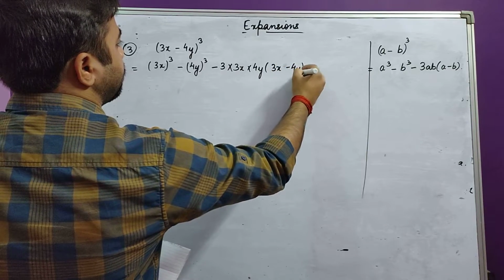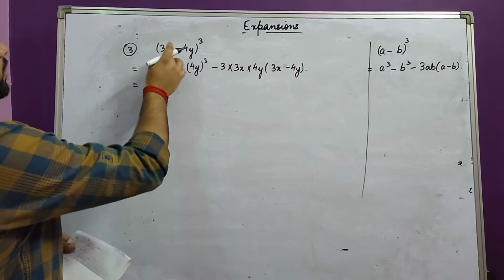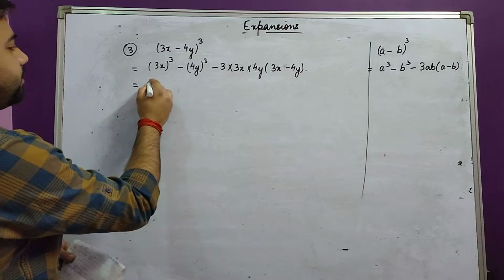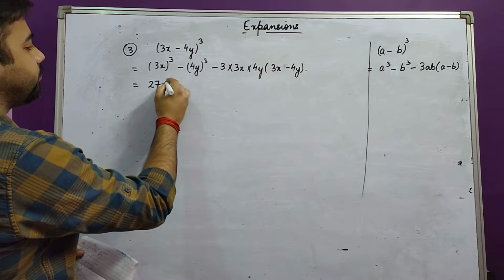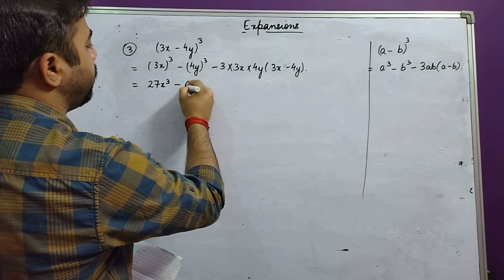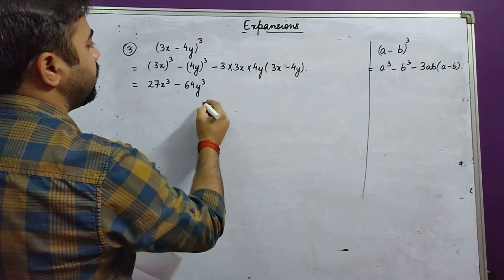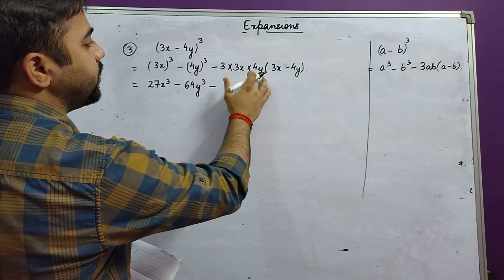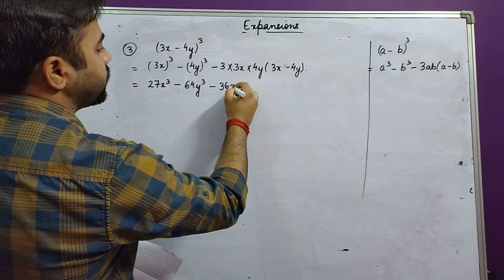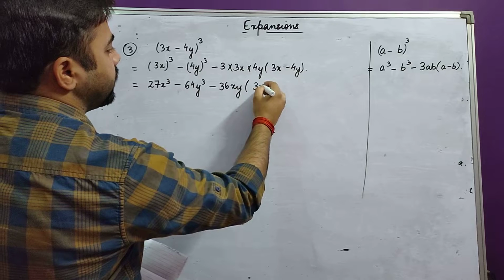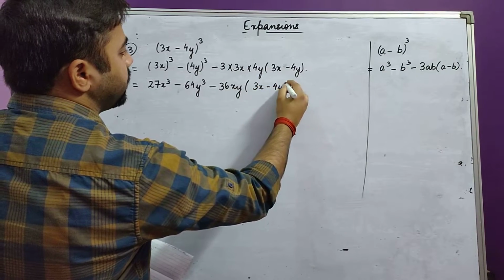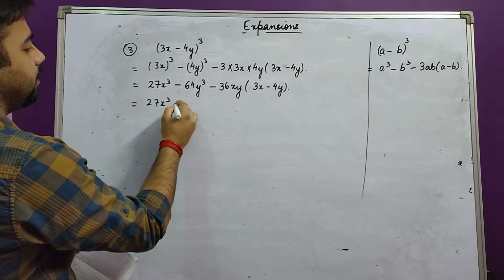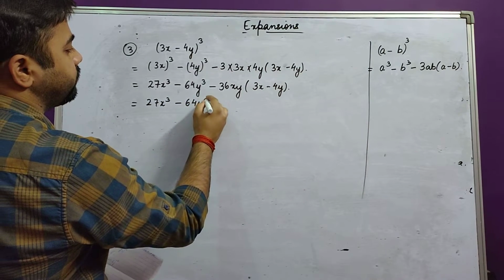Okay, just cube 3, it becomes 27 x cube, minus 4 cube, that is 64 y cube, minus 3 threes are 9, 9 fours are 36 xy, and as it is we write 3x minus 4y. Moving on further, it's 27x cube minus 64y cube.